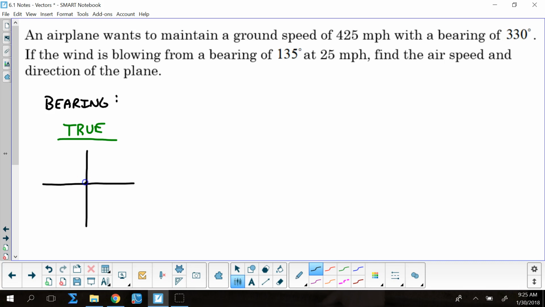It wants to go at 330 degrees. So that is, oops, that should have been in green. I should have put that one in green. So it wants to maintain 330 degrees. Which is what for a trig angle?